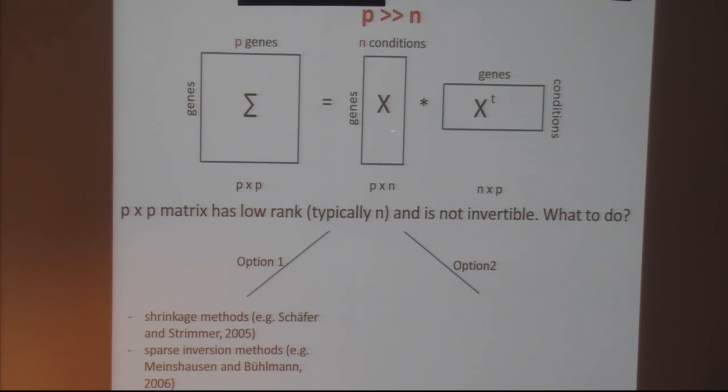And mathematically, you can see this in the fact that when I multiply this matrix with its transpose, the rank of this matrix will be way below the size of the matrix. Yeah? The rank will typically be n, if it's not n minus 1 or n minus 2, which it could also be, but it cannot be more than n. Yeah?